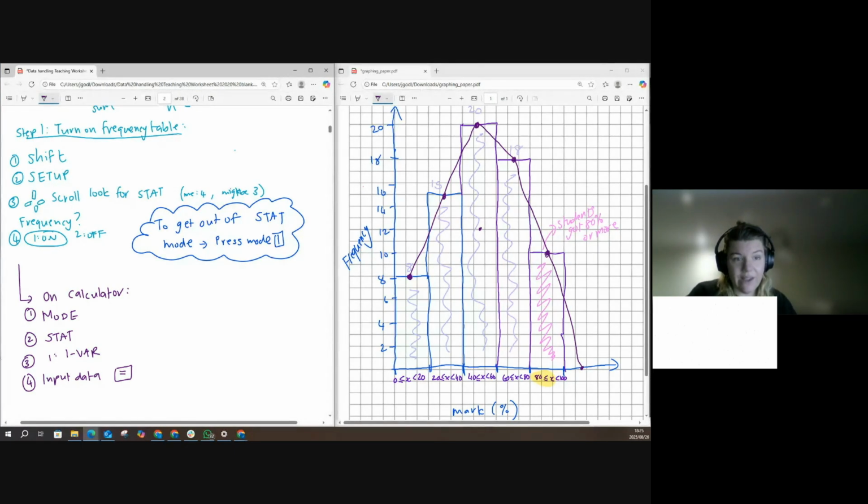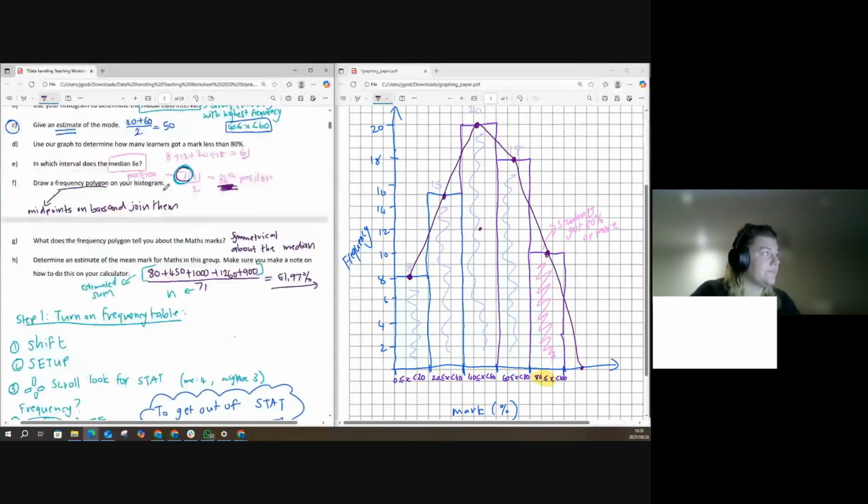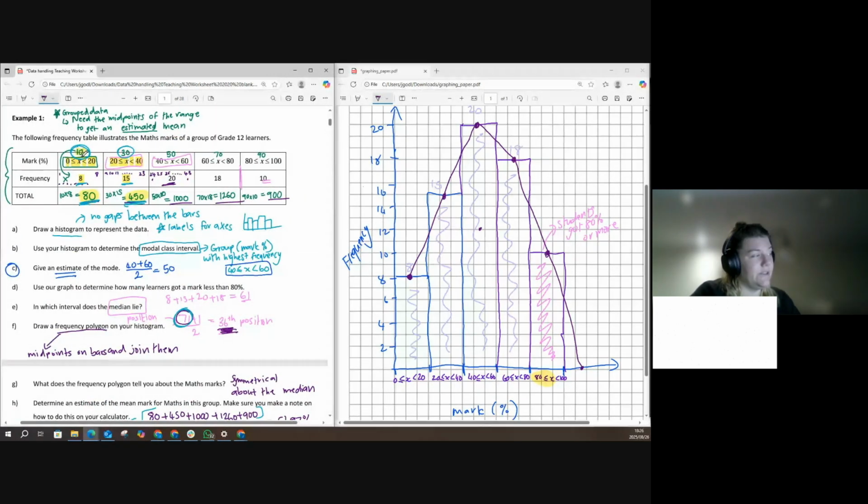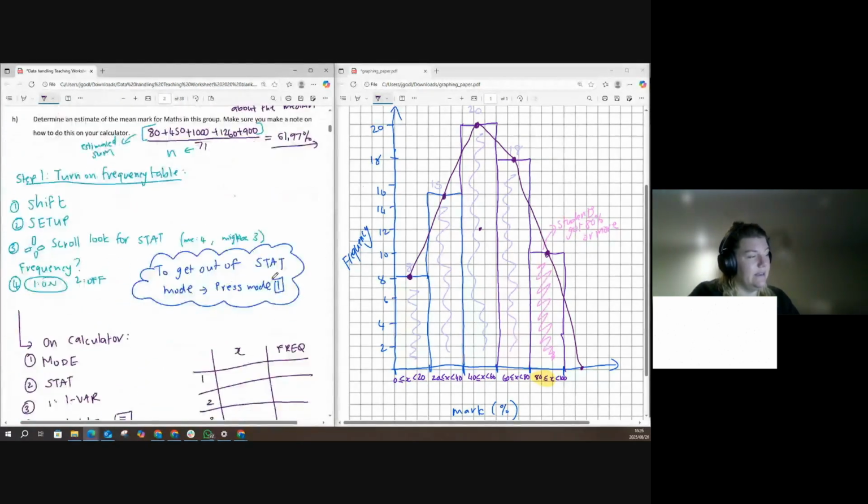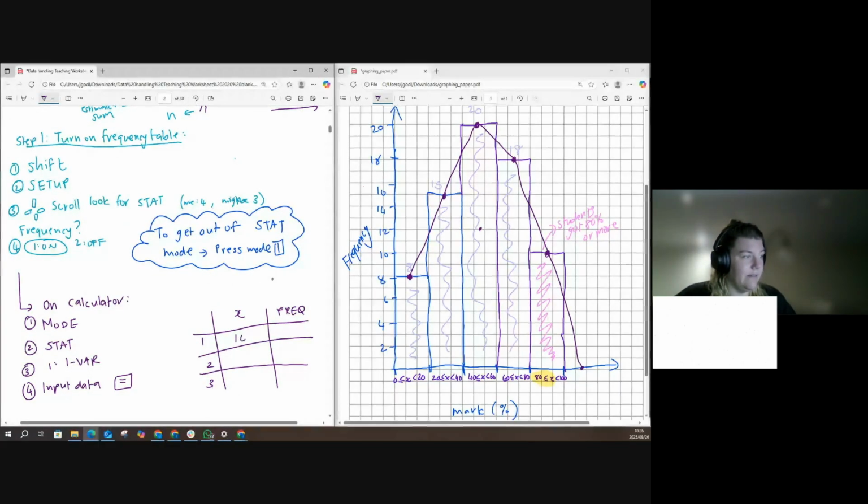So what you should have on your calculator now should look something like this: X, then FREQ, and 1, 2, 3. For X, you're going to write the midpoints that you had over here, so 10. You would write 10, and we had a frequency of 8.